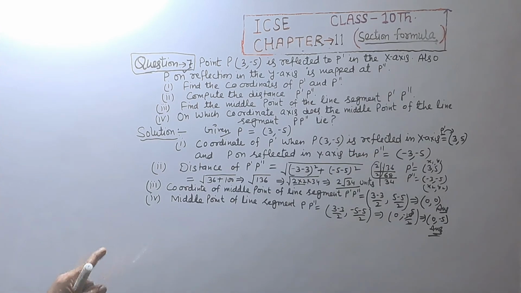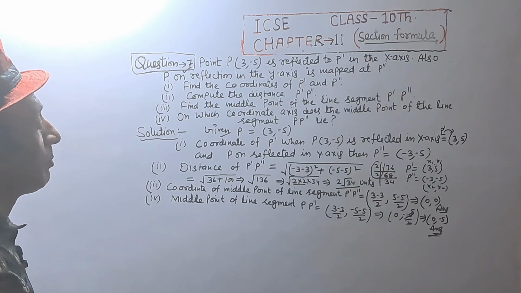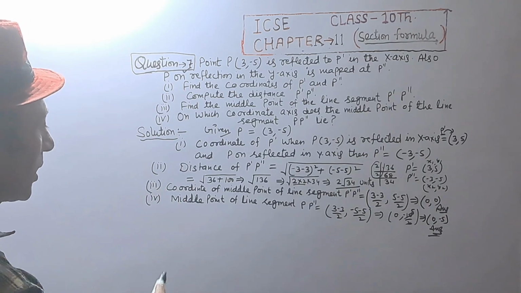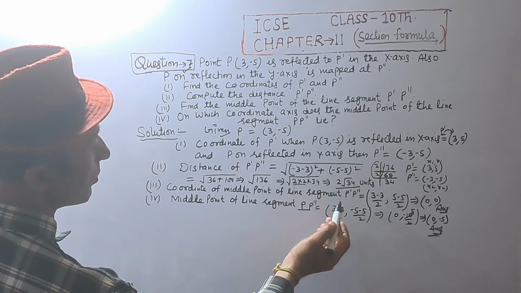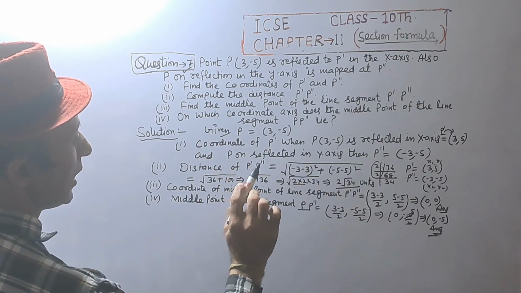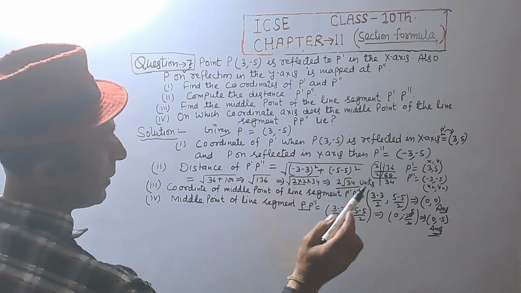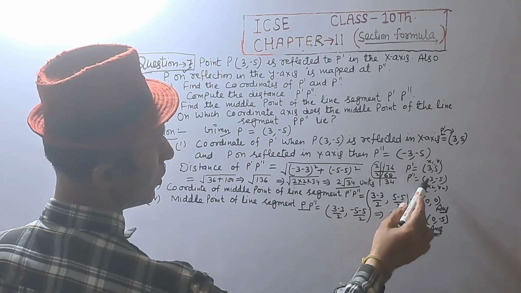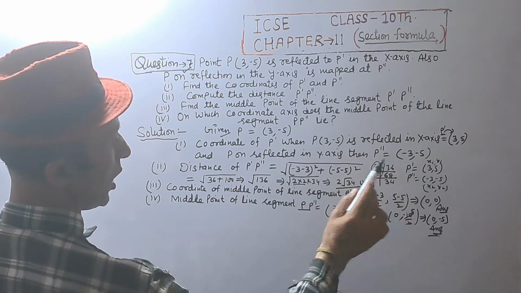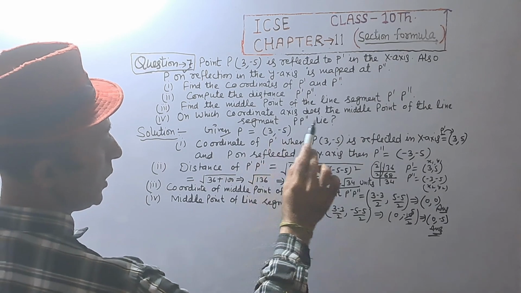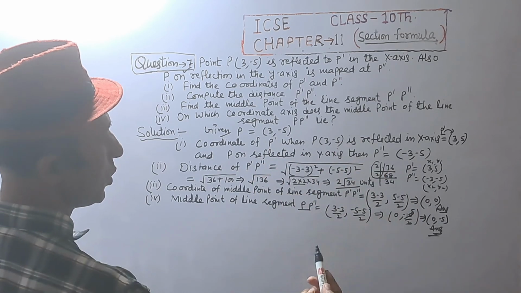And fourth part, on which coordinate axis does the middle point of the line segment P, P double dash lie? By the midpoint formula, P is equal to (3, -5) and P double dash is equal to (-3, -5). (x1 plus x2) upon 2, (3 minus 3) upon 2. 3 minus 3 is 0, 0 divided by 2 is 0.